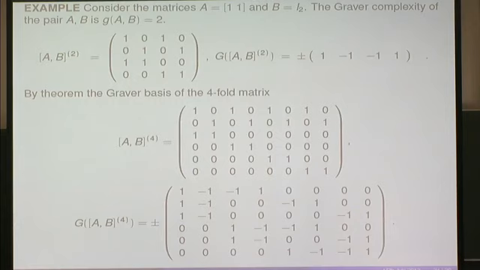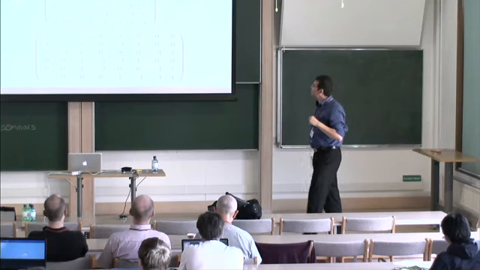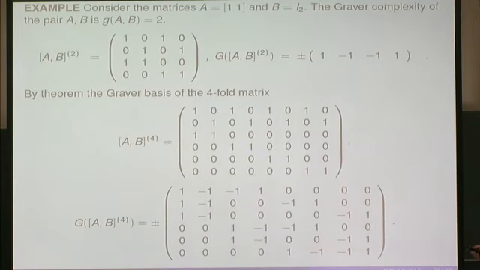Let's consider the example of the n-fold matrix where A is (1, 1) and B is the 2 by 2 identity matrix. In this case, this is the twofold product. You have 2 copies of the identity and then 2 copies of (1, 1) going down the diagonal. It's not difficult to convince yourself that the Graver basis of this is just these 2 vectors: the vector (1, -1, -1, 1) and its negative.